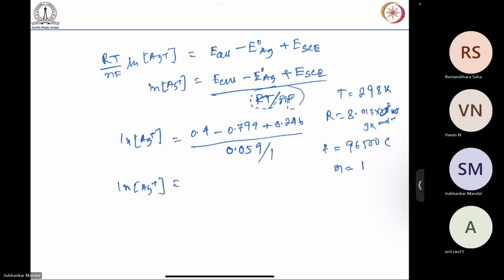So this is minus 0.153 divided by 0.059, so that is minus 2.593.